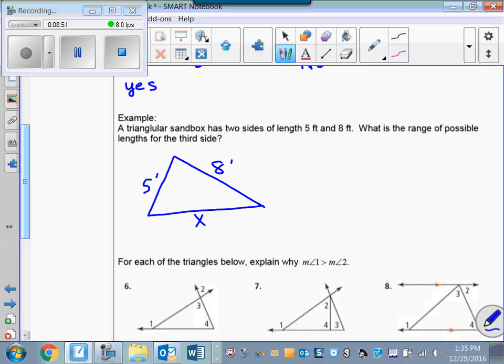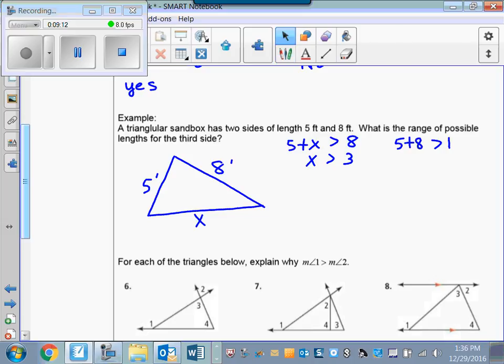Well, let's start. I know that 5 plus x has to be greater than 8, right? By the triangle inequality theorem. Therefore, x has to be greater than 3. Okay, what else? I know that 5 plus 8 has to be greater than x.